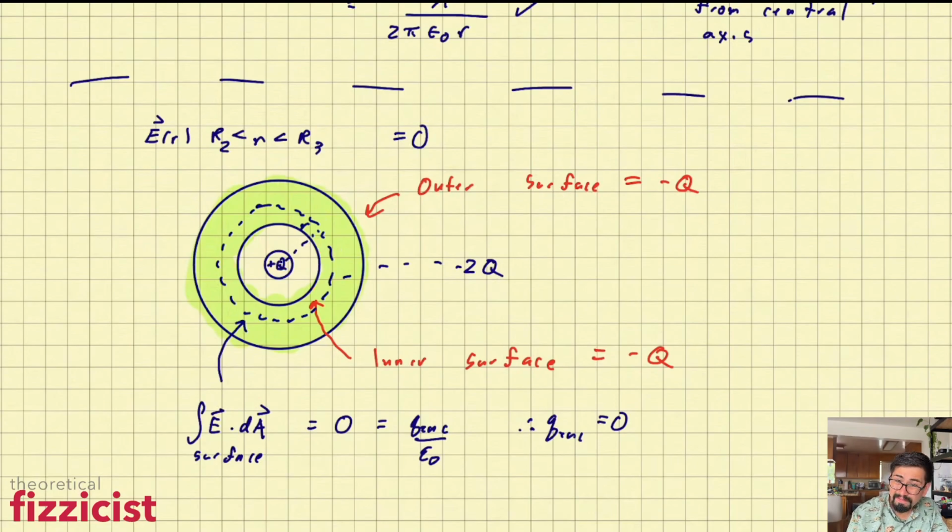Furthermore, we really love this answer for the following reason. If I'm at little radii r greater than r3, the inner insulating rod and the inner surface of the conducting shell have net charge of 0 overall. It tells us that all the excess leftover charge of the outer conducting shell has to be distributed on this outer surface right here.